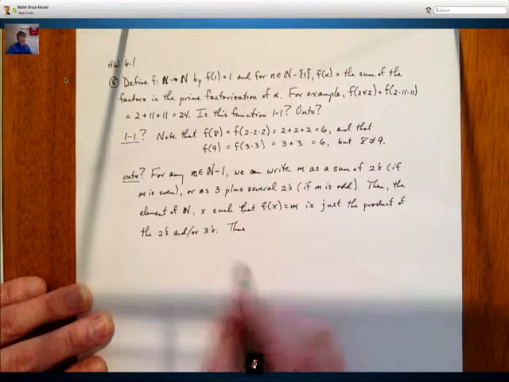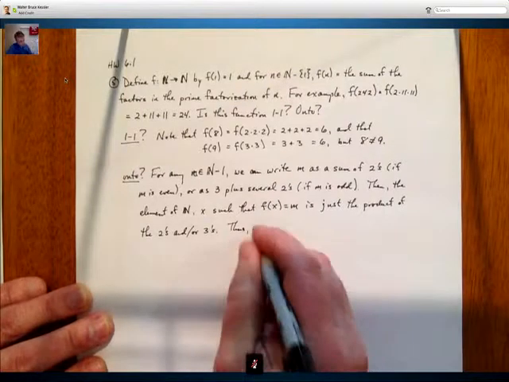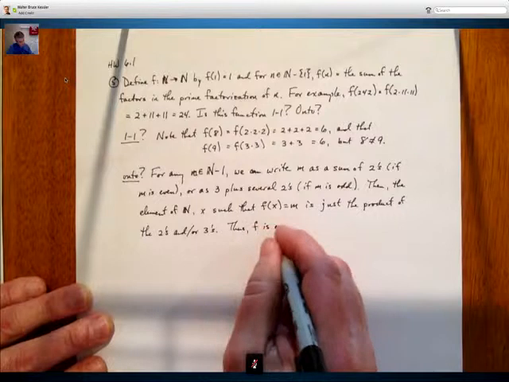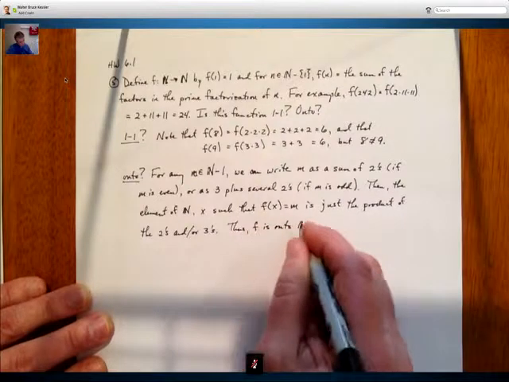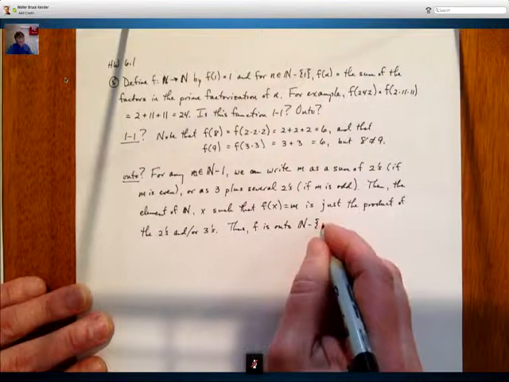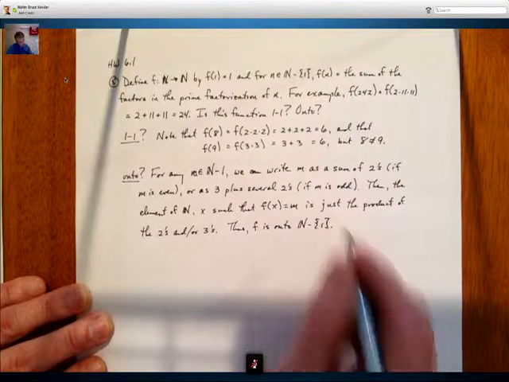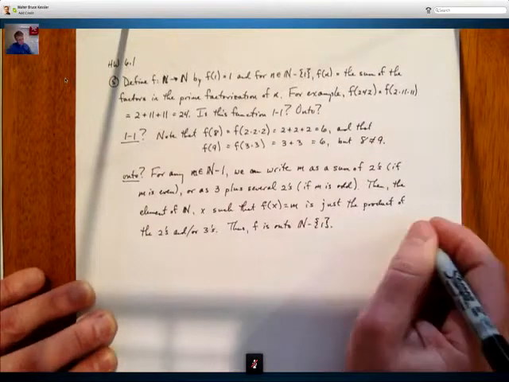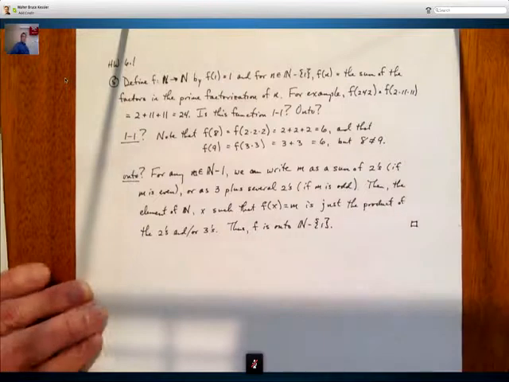Thus, it is onto. Okay, and that's what that little proof looks like.